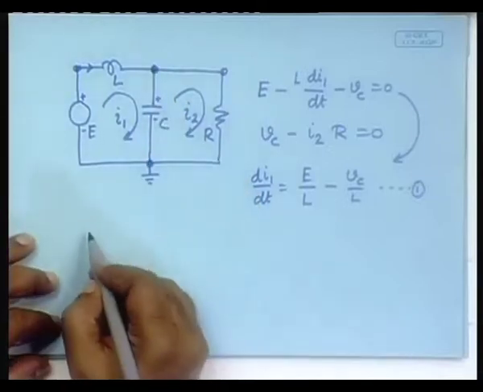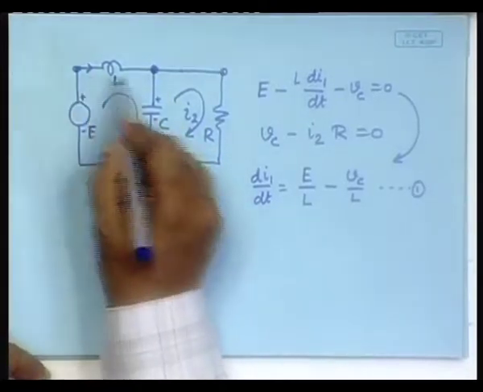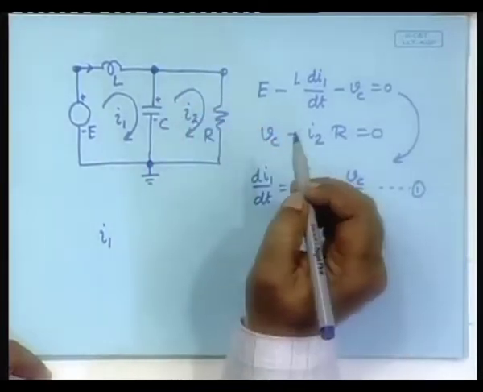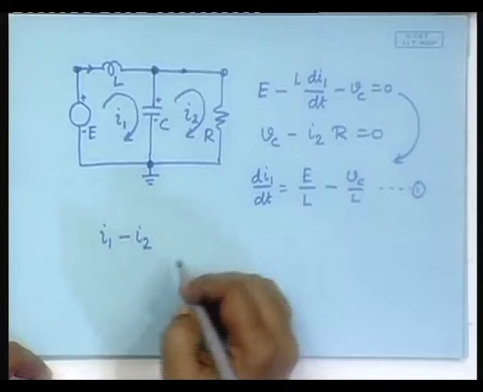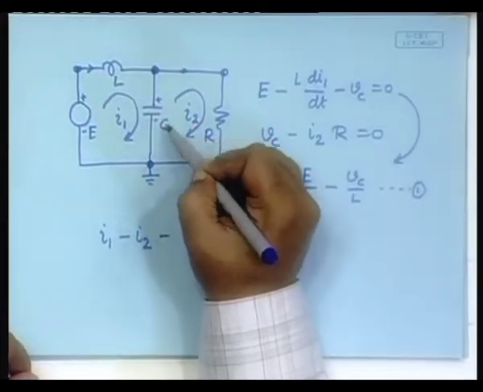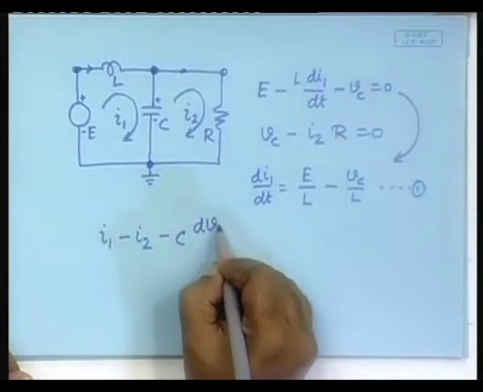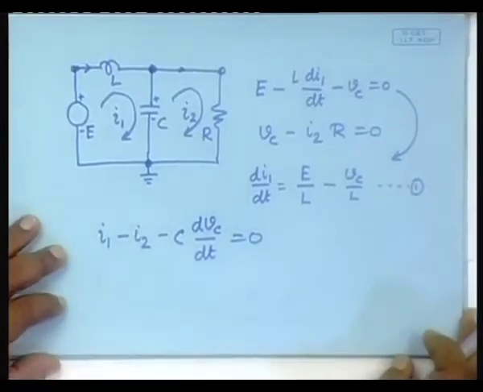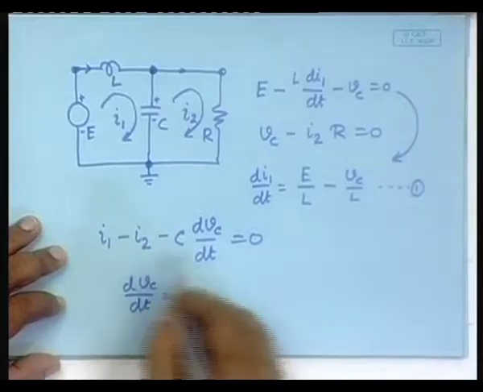Kirchhoff's current law will give I1 here minus I2 here, and minus what is this current? C dVc/dt, is equal to 0, okay.